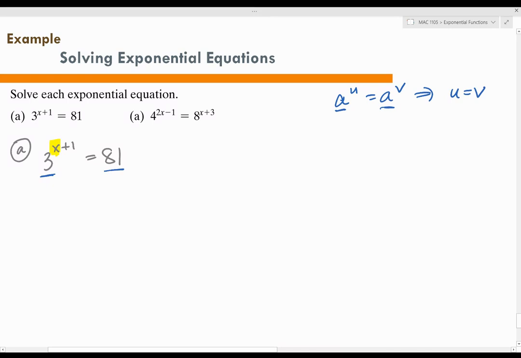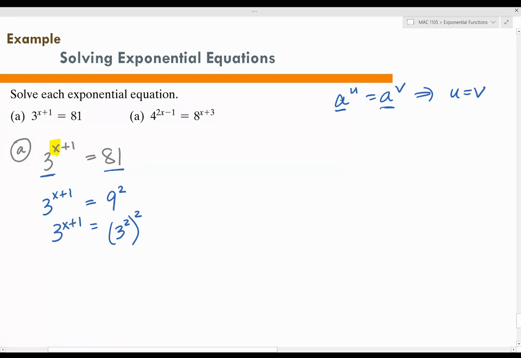So first we have to see, is there a way that I can write both 3 and 81 in terms of the same base? Is there a number that I can raise to a power that will give me each of these? Well, 3 I'm going to keep the same, to the x plus 1. But let's see if I can break down 81. So I know 81 is 9 squared, and I know that 9 can be rewritten as 3 squared, raised to the second.